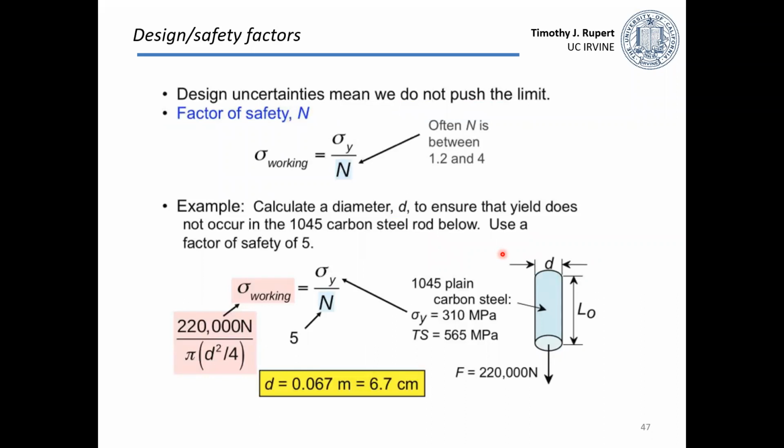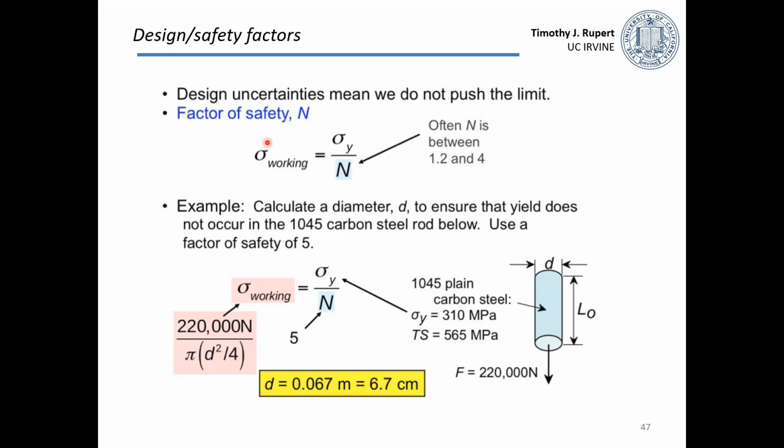One of the last things I want to mention here is that we often don't want to push our materials to their absolute limit. We want to remember that we often will have design or safety factors built into our engineering. One way to think of this is that if I know the yield strength of my material, I know when it permanently deforms, I might design my system so that the working strength, the strength I expect it to experience, is some fraction of that yield strength, okay?